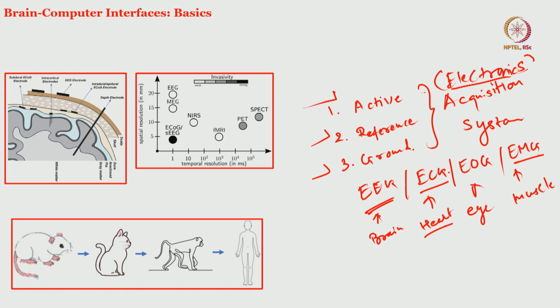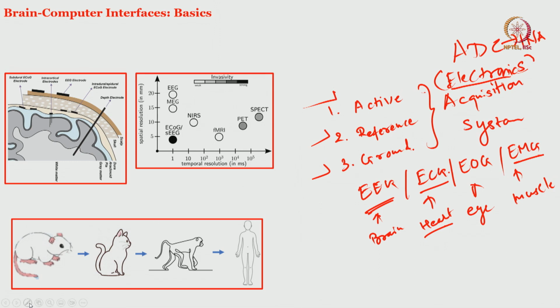So sampling and all will be done, but the heart of the acquisition remains the ADC. I will not go into too much detail of electronics, but there will be an instrumentation amplifier. There are several things, like what the sampling rate is and what the resolution is. Based on your application you can decide all this. This is just a brief overview of the electronics module and how many electrodes are used.